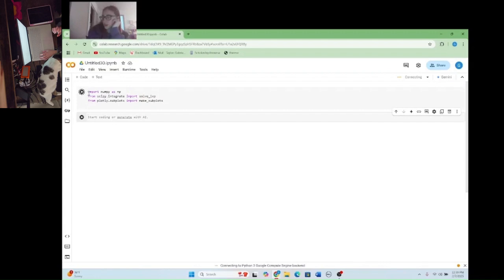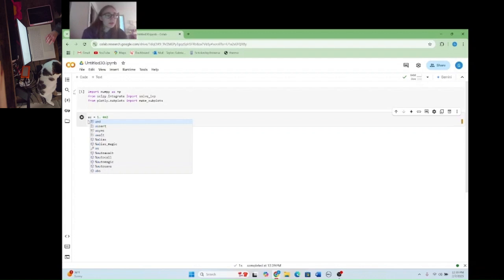So the first thing that we want to do is do our initial values. So we have our cross-sectional area, and that is equal to 1 meter squared. Okay, and then we have our cross-sectional. I'm actually going to change these to non-capital letters because I think it's easier.